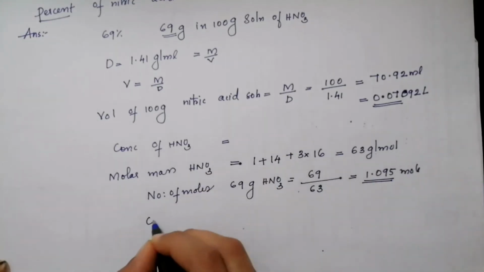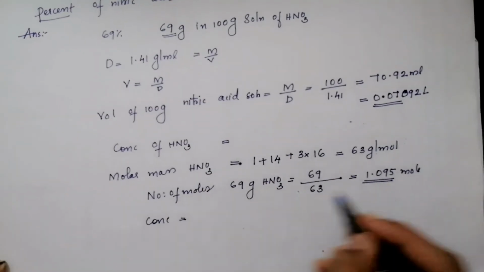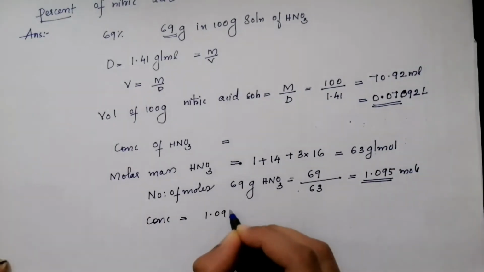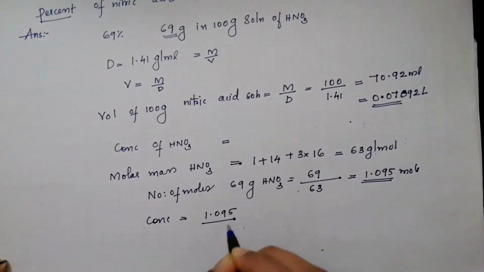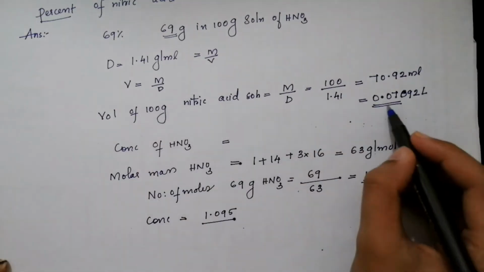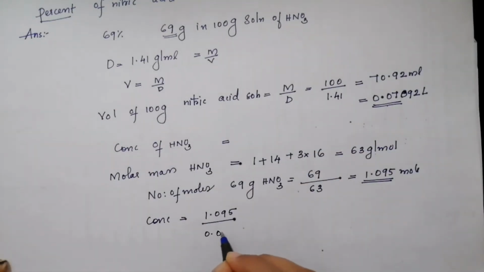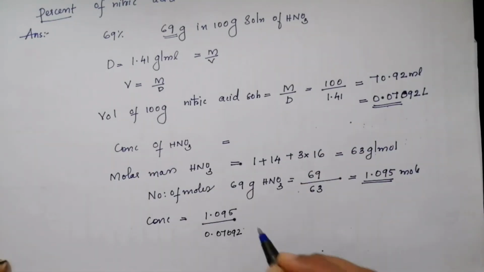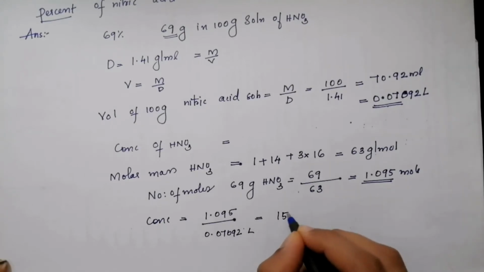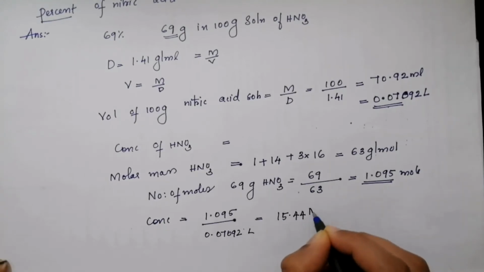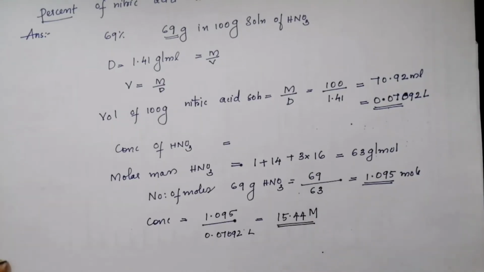To calculate the concentration, we have number of moles as 1.095 divided by the volume, which we have calculated to be 0.07092 liters, and that is 15.44 molar. So, we have the answer as 15.44 molar, and that is the concentration of nitric acid in moles per liter.